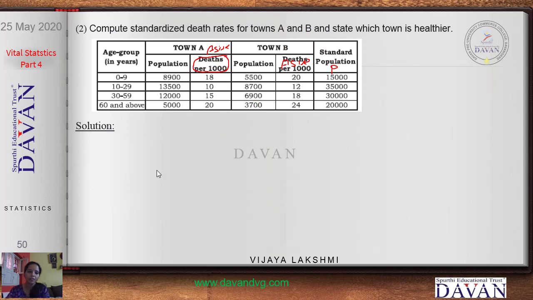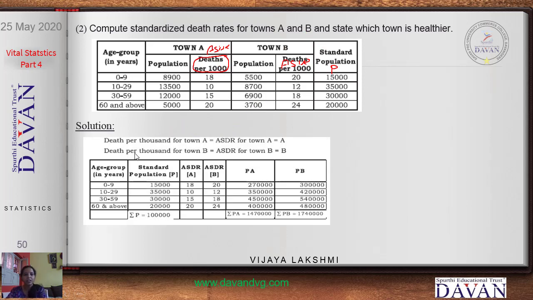So next, make the table here. Death per 1000 for town A is nothing but ASDR for town A, which is equal to A, and death per 1000 for town B is nothing but ASDR for town B, which is equal to B. Now take the age group column and take the standard population here.